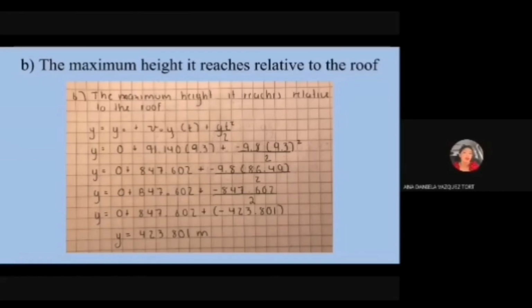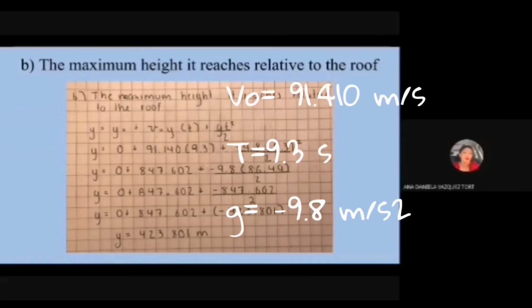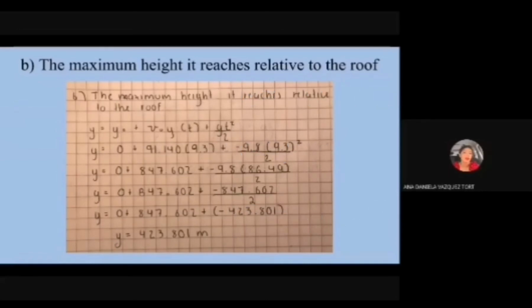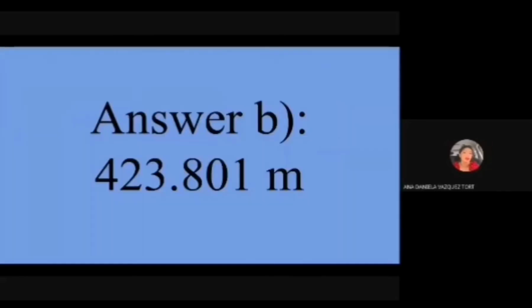We already have the initial velocity in y, which is 91.140, and the time, which is 9.3, and the gravity will always be minus 9.8. As we substitute the values in the formula, the final result is y equal to 140.801 meters.